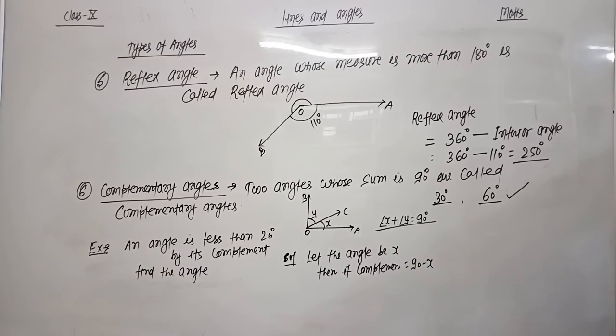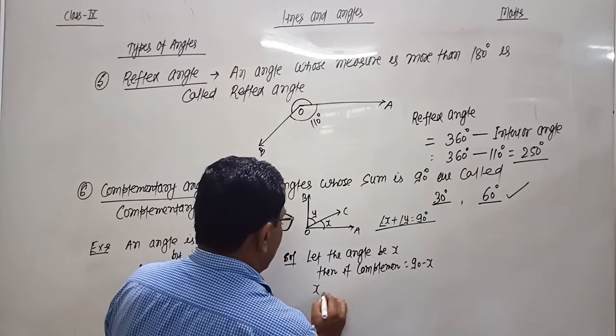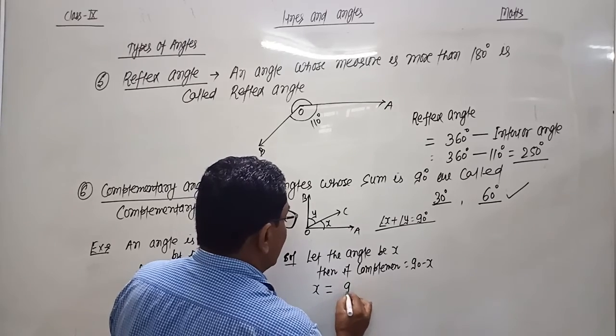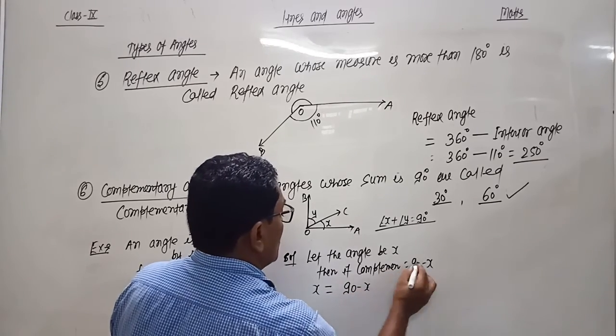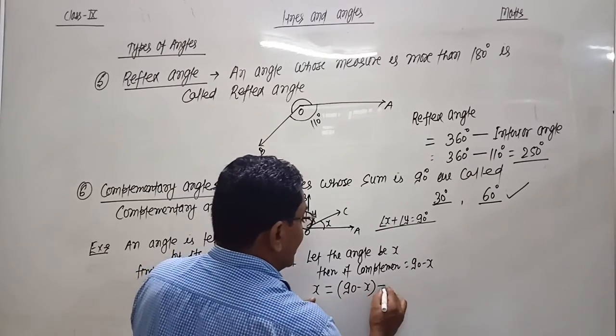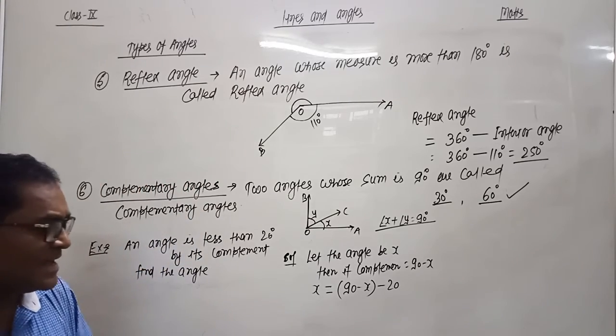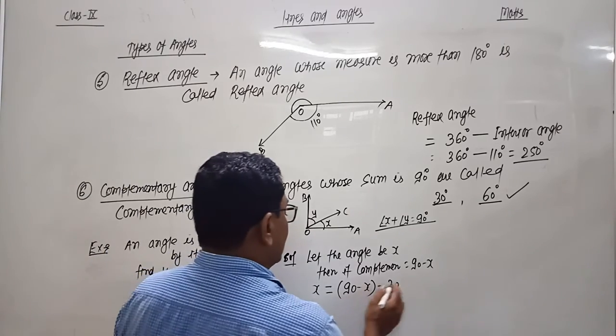Now the statement is, an angle is less than its complement by 20 degree. So the angle we supposed is X and the complement is 90 minus X.